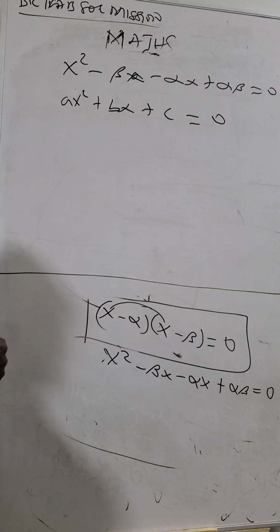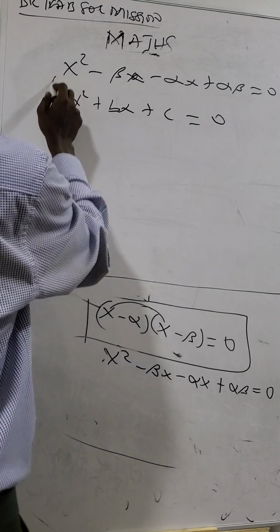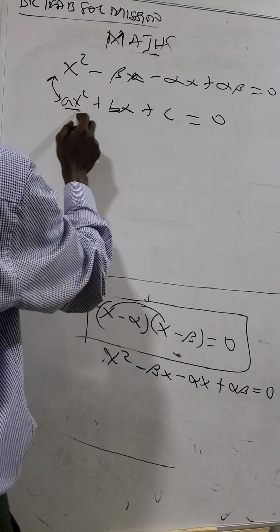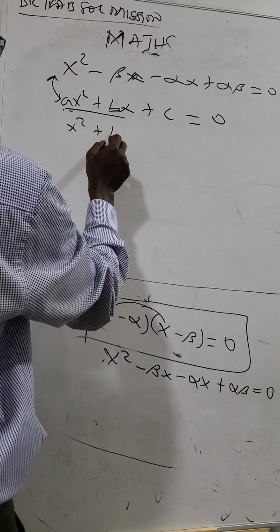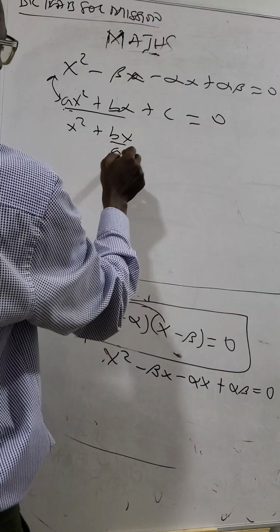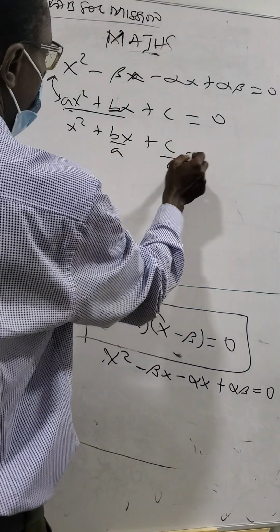Let's see how things will work out in that case. If you want to get the same expression as this, you would have to divide here by a so that this becomes x squared plus bx over a plus c over a is equal to 0.